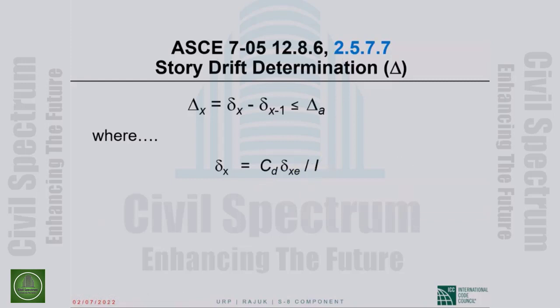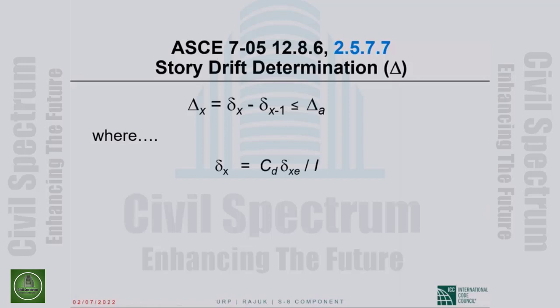We do that because we are going to check the interstory drift under drift limits. And the drift limits are a function of the occupancy of the structure. The drift limit for a hospital is half that for an office building.